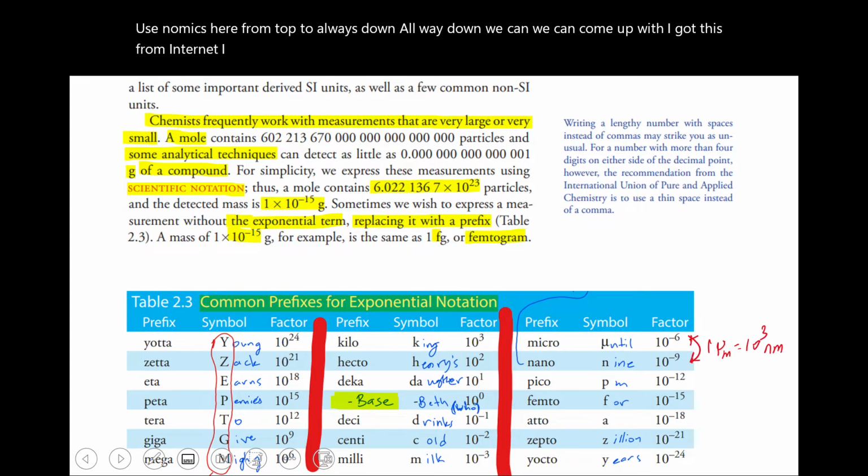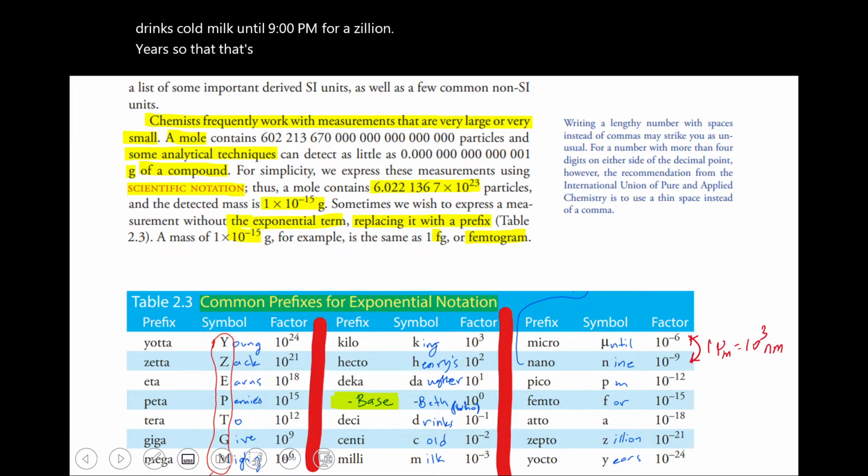A young Zach earns pennies to give mighty King Henry's daughter, Beth, who drinks cold milk until 9 p.m. for a zillion years. So that's a nice way of memorizing all those prefixes.